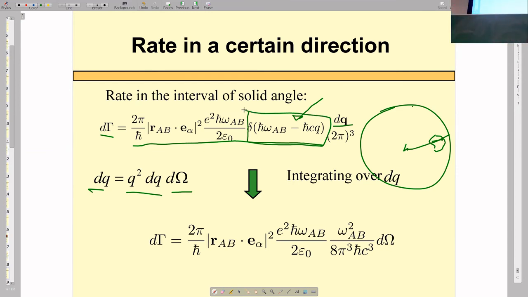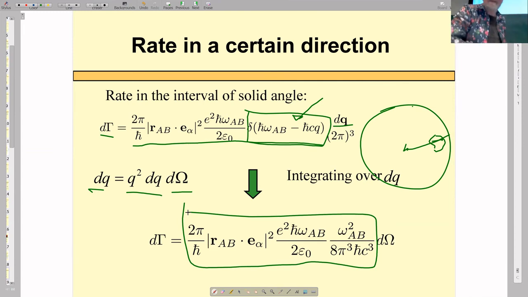We don't have senseless things anymore. Integrate it up, we have a well-behaved expression. So here we are. As a result, we computed the rate per solid angle. It's nice to keep in mind that it still depends on polarization and on the direction of this vector.